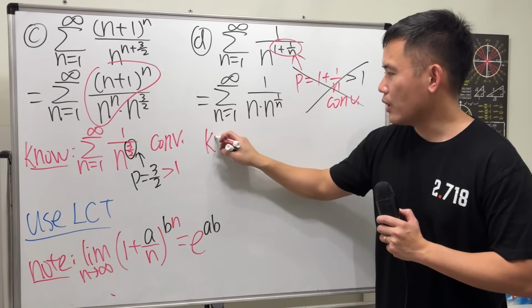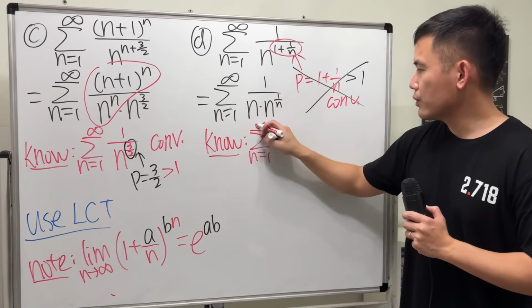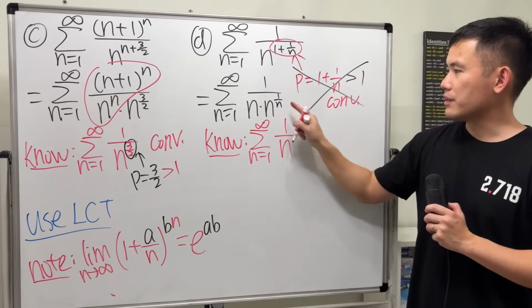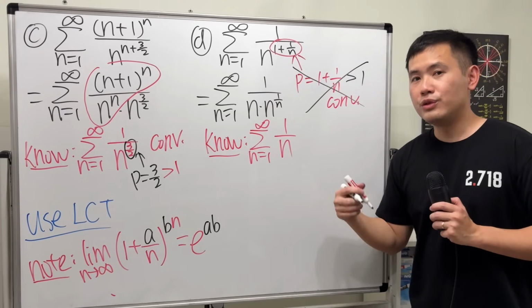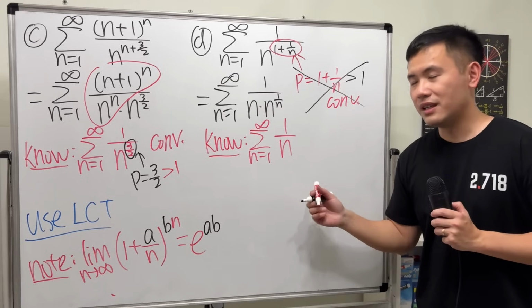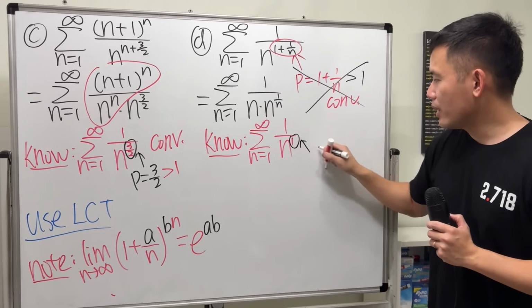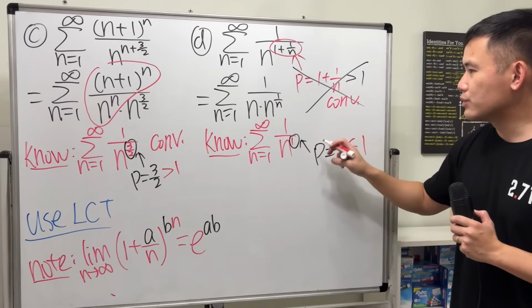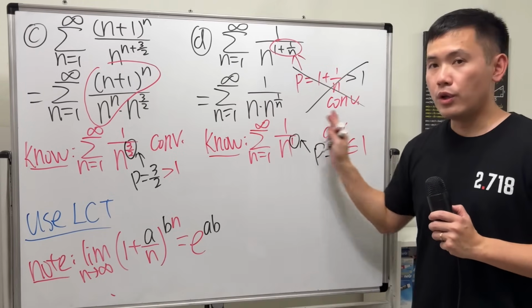Again, I will write down we know the series as n goes from 1 to infinity of 1 over n diverges, because of this, not because of this. You can quote this as the harmonic series, which diverges, or you can also quote this as the p-series when p is equal to 1. Either way, it's okay. Since p is less than or equal to 1, this diverges. So this is what we know.